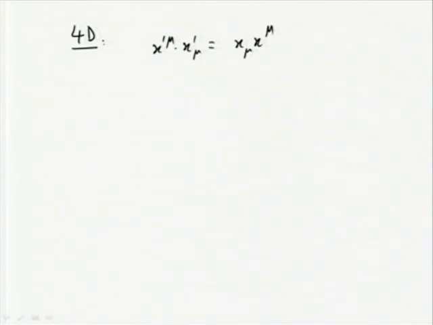Here x square is an invariant quantity. We want to preserve this length. Then we write x'^μ, the contravariant one, equal to a^μ_ν x^ν.